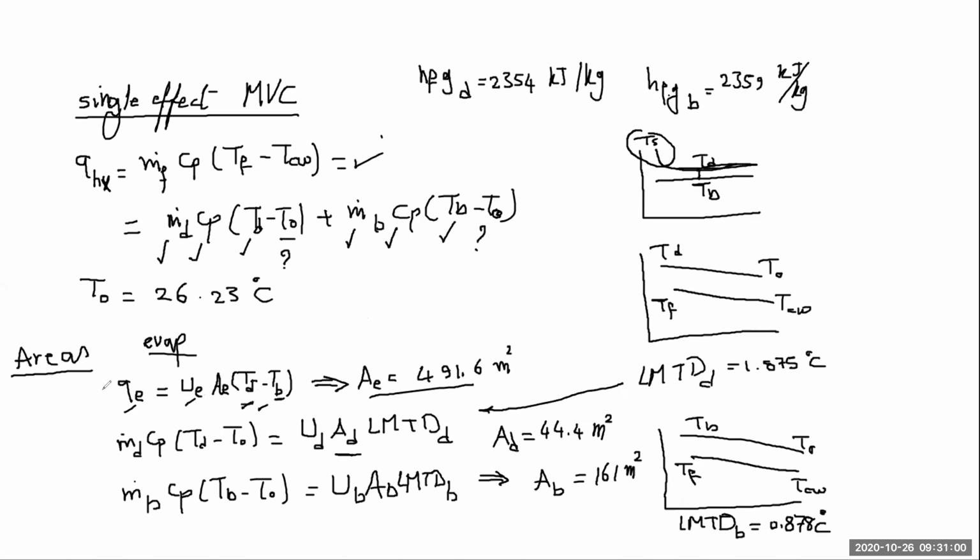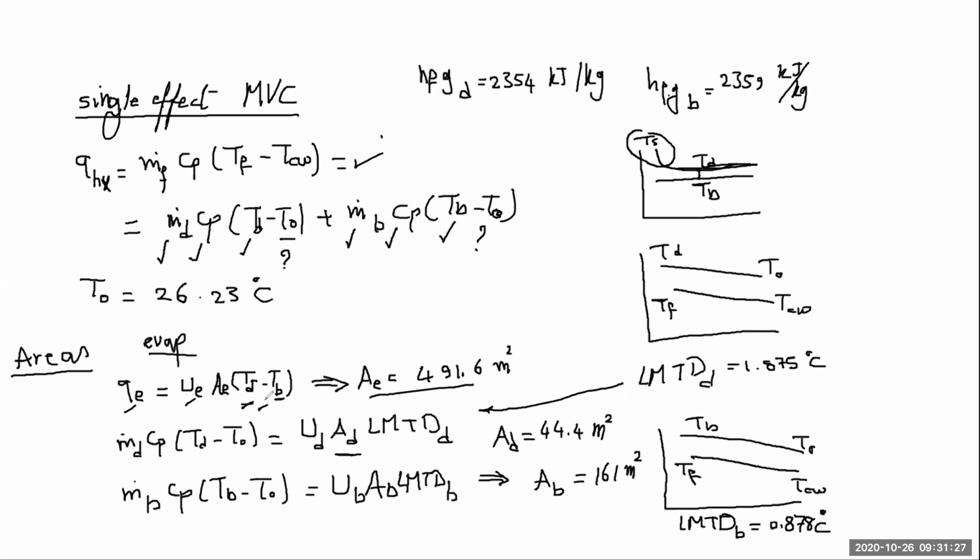We have a certain Q here, and this Q needs to be transferred. If you are going to transfer it over a high temperature difference, then the surface area will be small. If the temperature difference is small, then this is going to be high. And in our problem, the difference between TD and TB is small. This is why the surface area is too big.